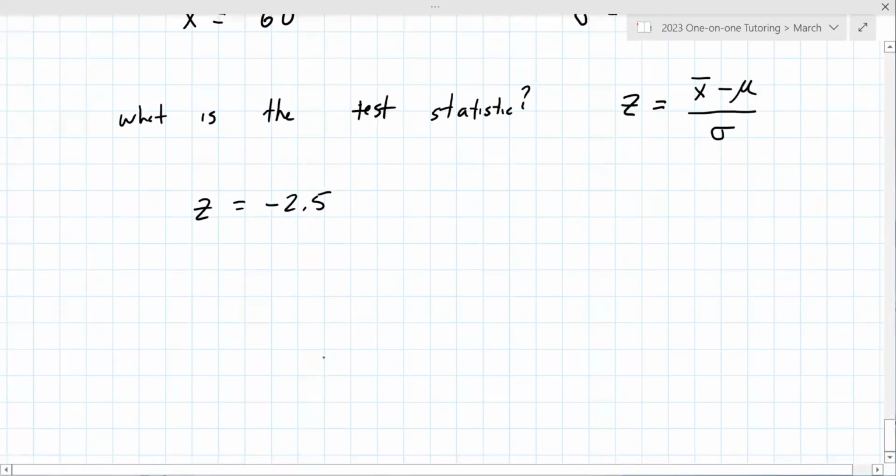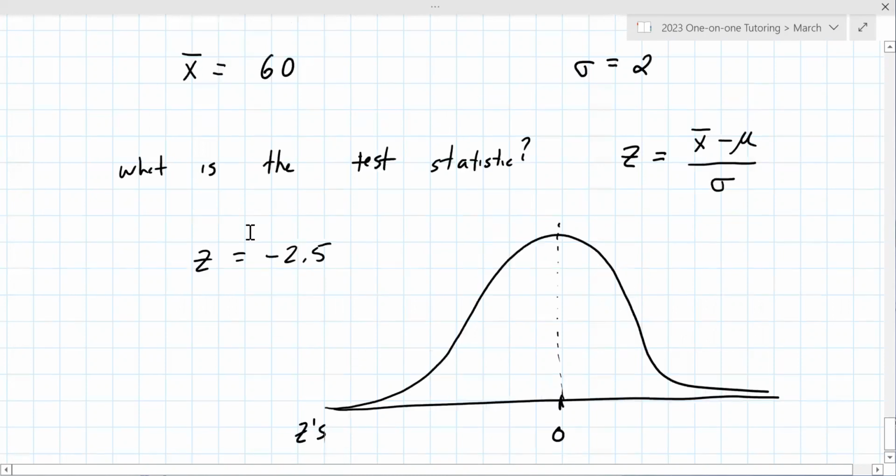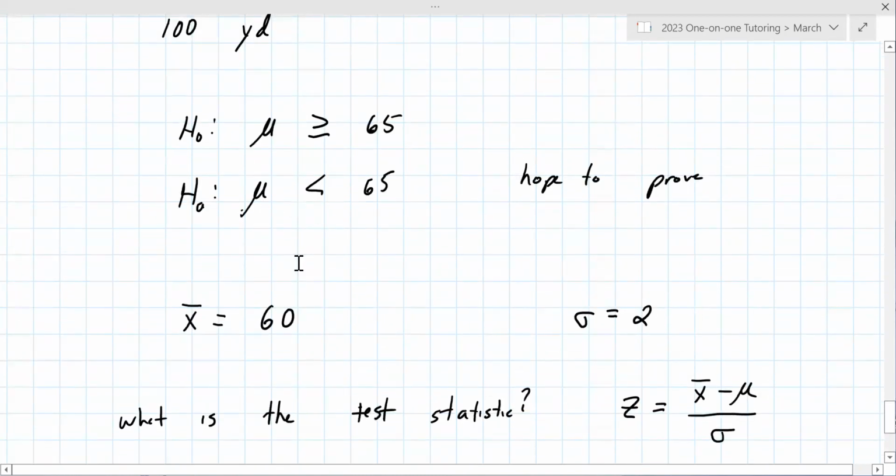Let's talk about that. On the normal curve, when it's standardized, it has a mean of 0. The center number is 0. So these are Z's along here. Now think about the numbers here.